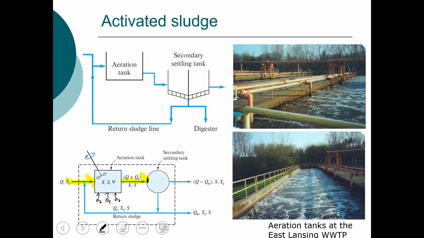Water flows then into a secondary clarifier. We don't achieve any BOD removal in the secondary clarifier. The secondary clarifier is purely for sedimentation. Okay, so that's another assumption that we're making.